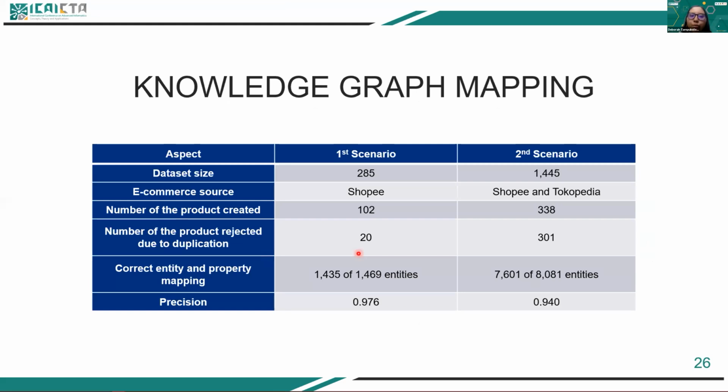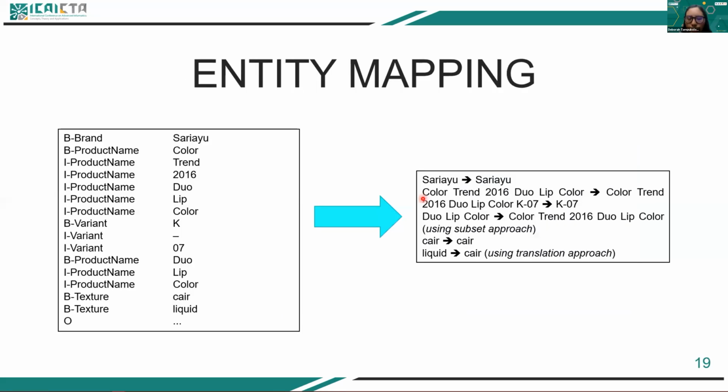It's more about the entity mapping, sir, not the knowledge graph itself. To elaborate more, like in here, the dual lip color is mapped to color trend 2016 dual lip color, which is better. That's why we use precision, because it won't produce false negatives.